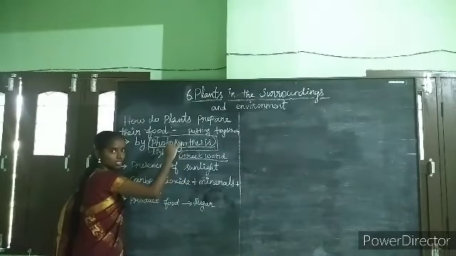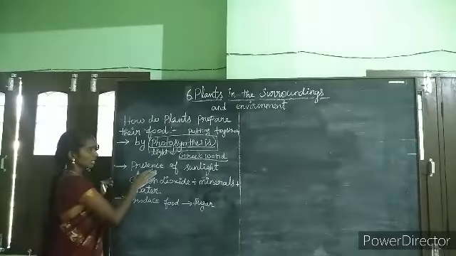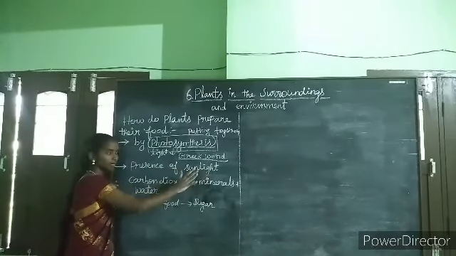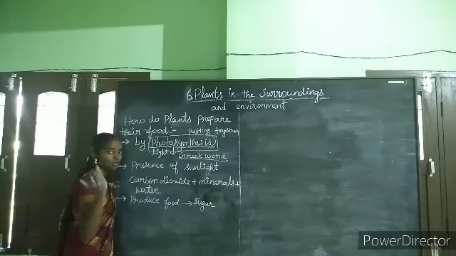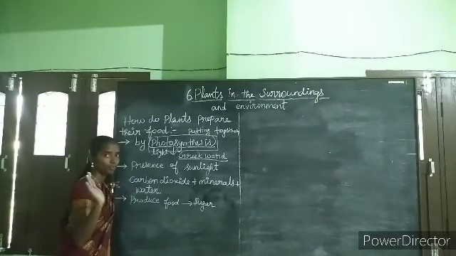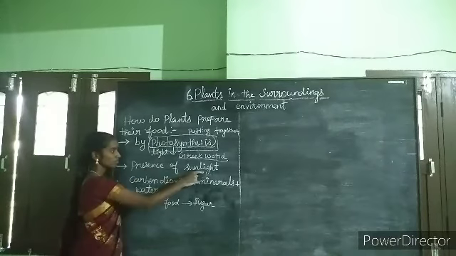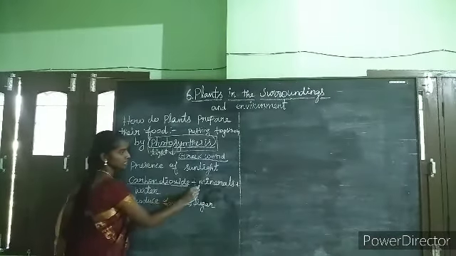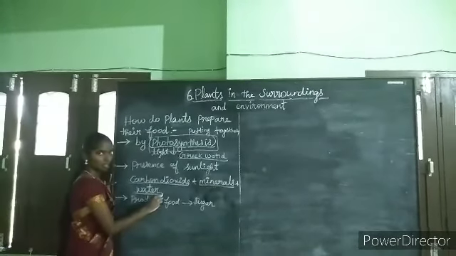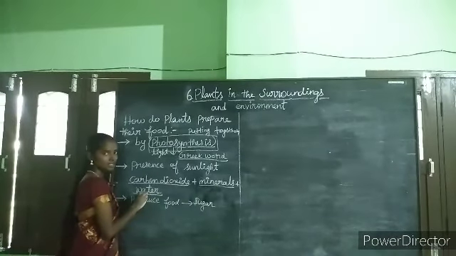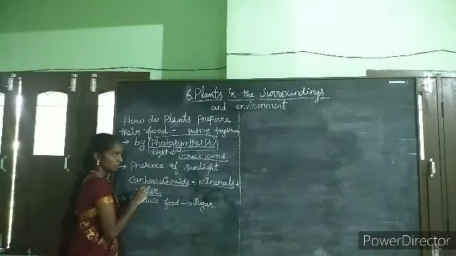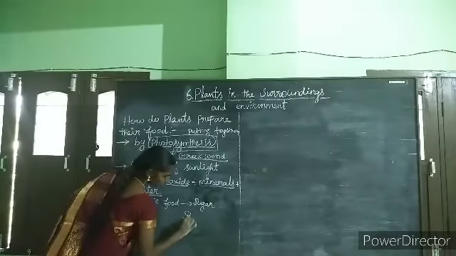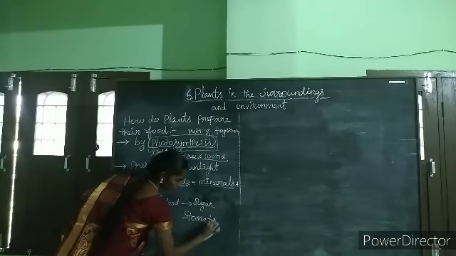Now let us see what photosynthesis is. In the presence of sunlight, most plants grow in the sunlight only. Without sunlight the plant will not grow. So in the presence of sunlight, the plant needs carbon dioxide, minerals and water. From where will it get them? Through the stomata, I told you about stomata.